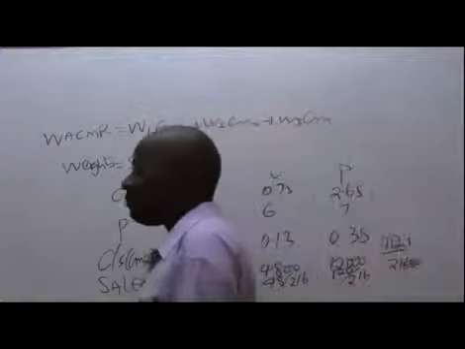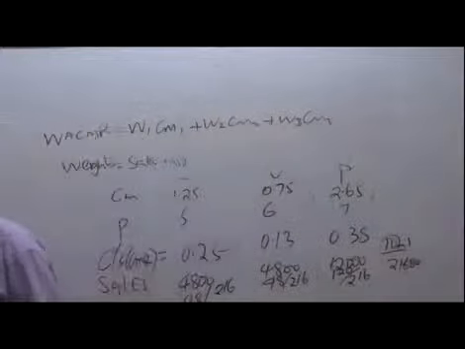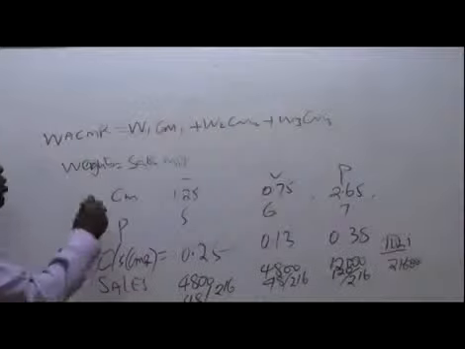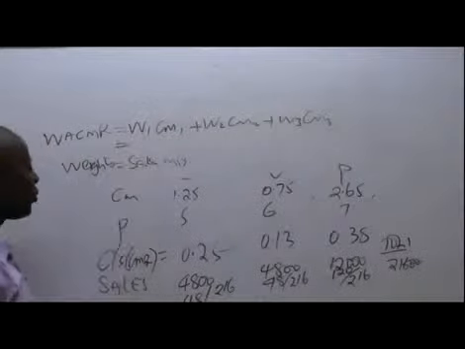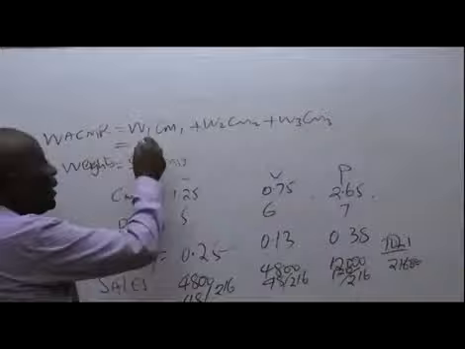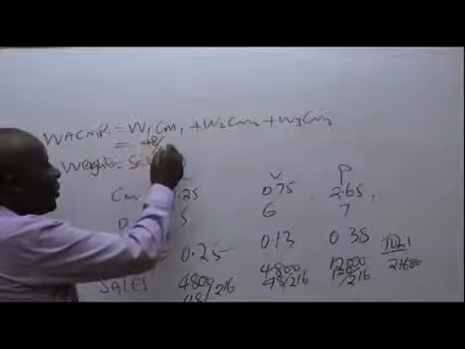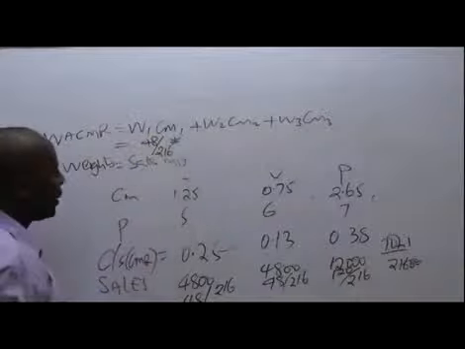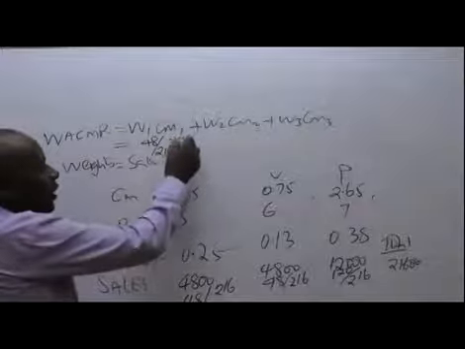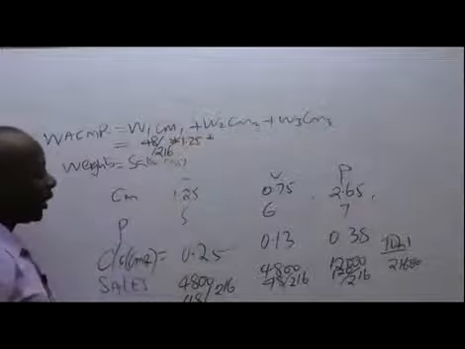So please come back here to our working memory. What do we have, ladies and gentlemen? Weight 1 here is 48 over 216 times contribution margin 1, which is 1.25, plus weight 2.